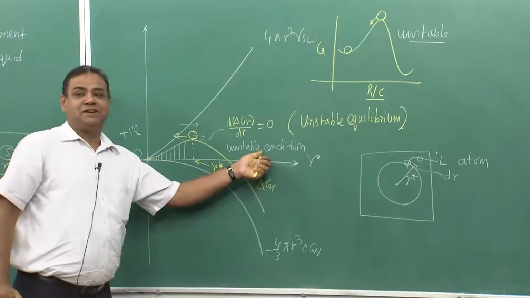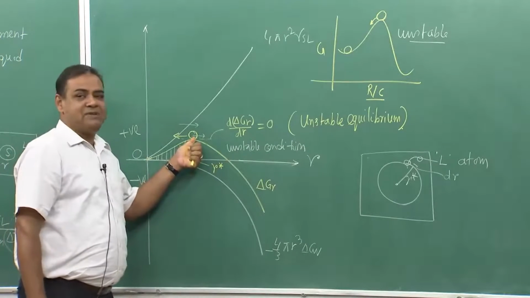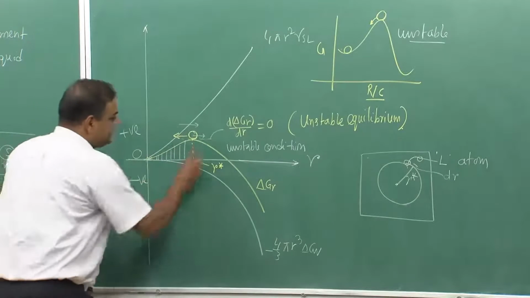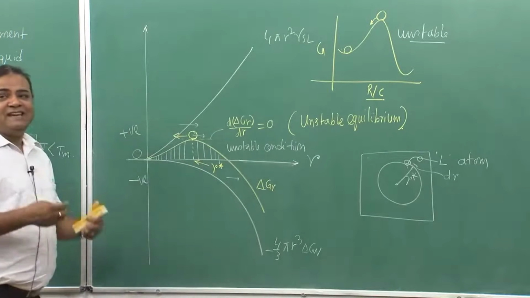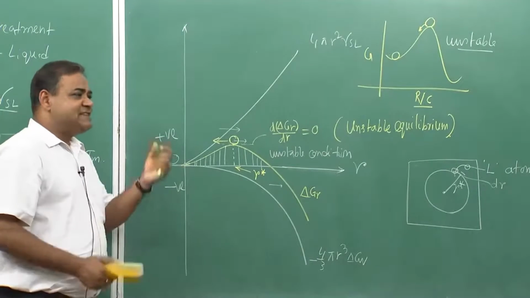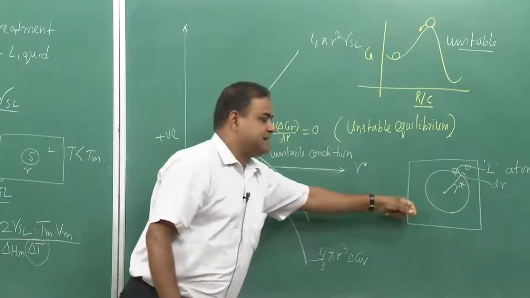and this unstable condition is always preferred, because that time this solid can only grow its size, because it always goes to the right side. So, that means it can only increase its size. What does it mean? It means that the solid becomes a stable particle inside the liquid.